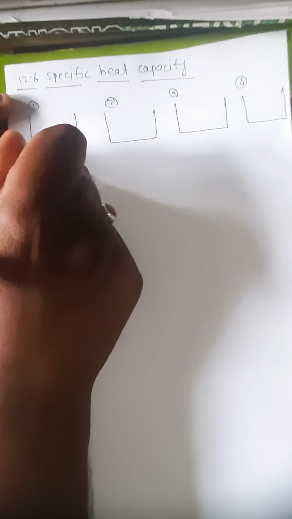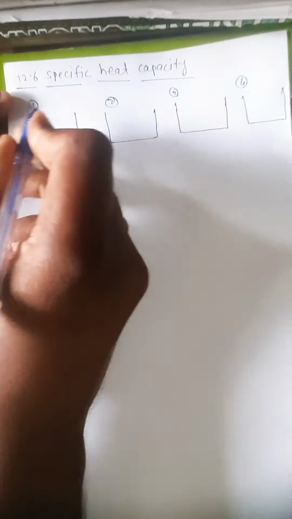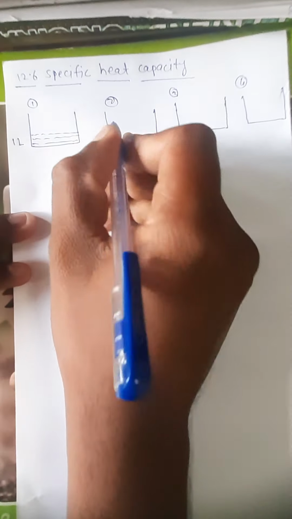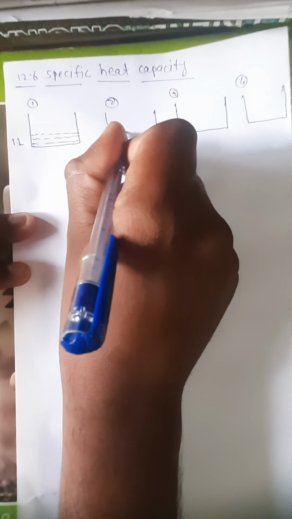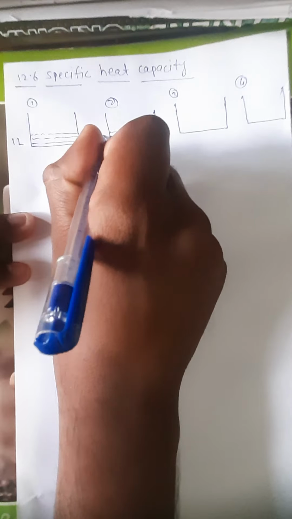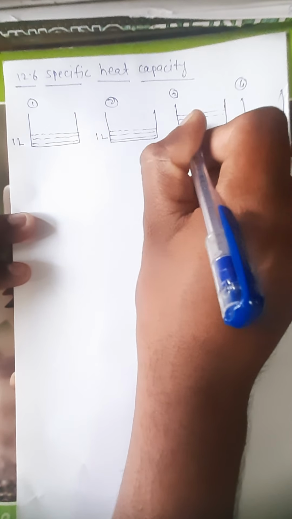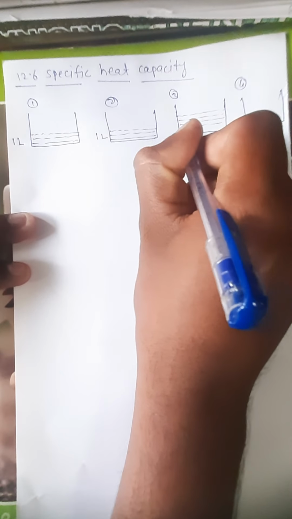In the first vessels we take water. We take 1 liter of water in vessel 1, and similarly 1 liter of water in vessel 2. In vessel 3 we take 2 liters of water.